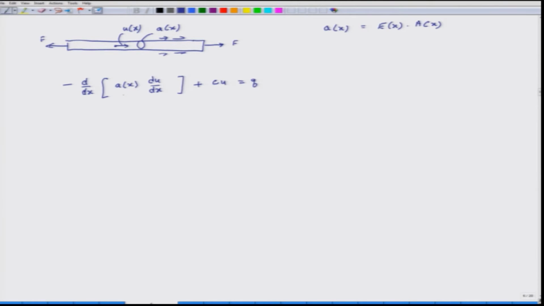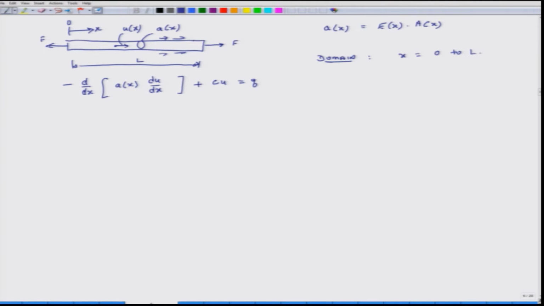Let us say the length of the bar is L. So, here the domain is x equal to 0 to L. This is the length of the bar. This is my coordinate origin, so x is equal to 0 at this location and x is equal to L at the other extreme end.